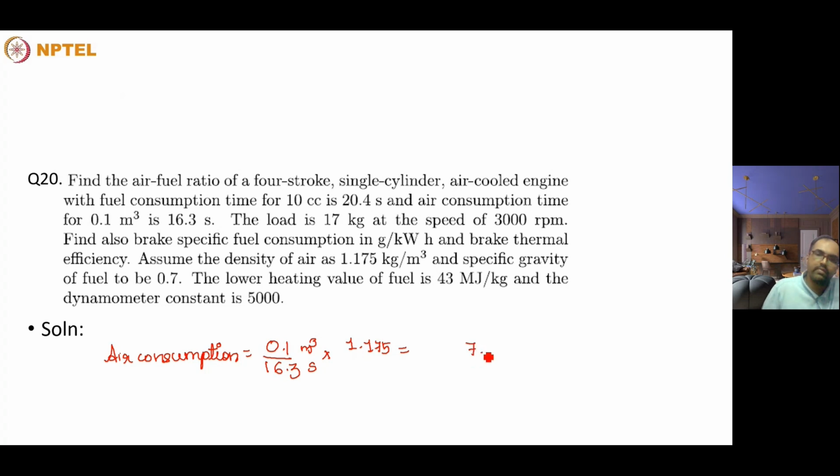So it will be coming around 7.21 into 10 power minus 3 kilogram per second.